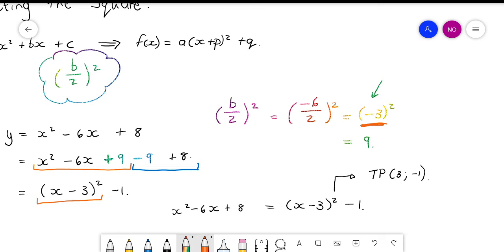You can just write that there. So let's say b was 8, then you would have had 8 divided by 2, which is 4. So then your bracket will be x plus 4 squared. So dit maak dit net 'n bietjie makliker vir jou, because then you don't have to go and physically factorize the trinomial. You have the bracket already. All right. Everyone still following? Sort of?